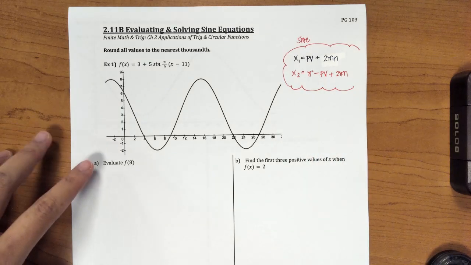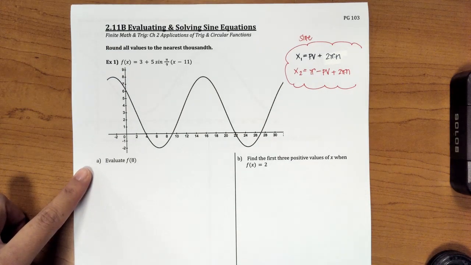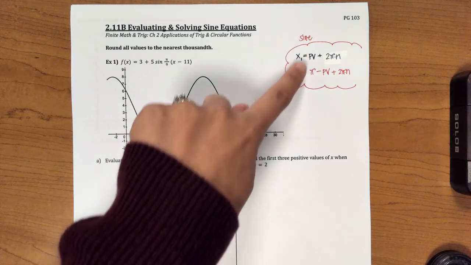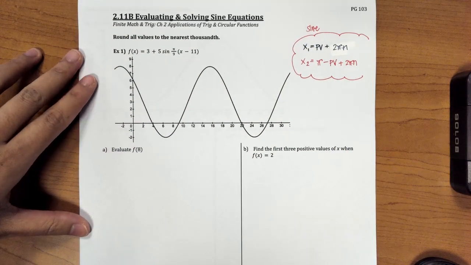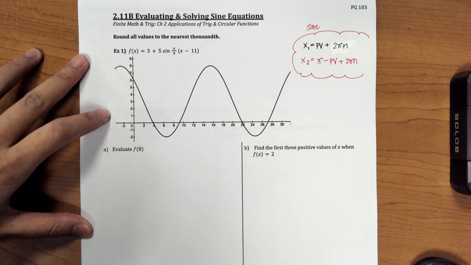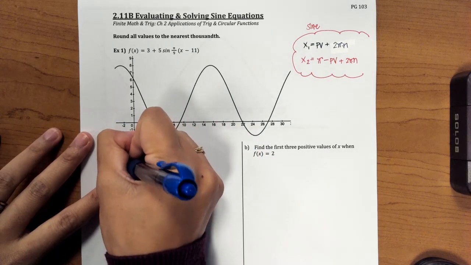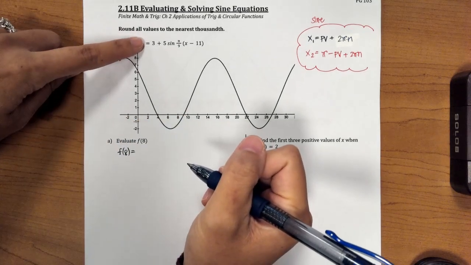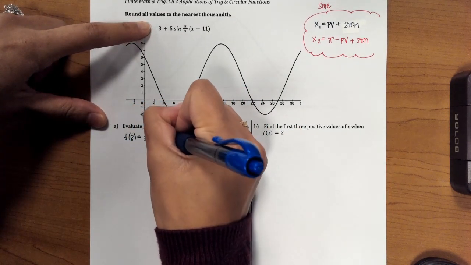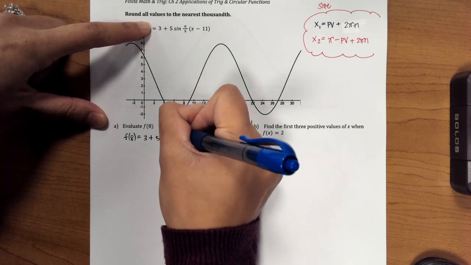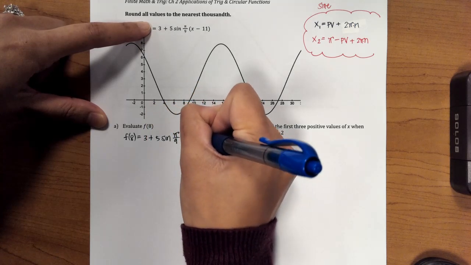So we're going to do the same thing, evaluate and solve. The only difference is that now we have this different equation that we're going to use for our general equation. So let's evaluate. This is x equals 8. So f of 8 equals, here's my equation, 3 plus 5 sine of pi over 9 times 8 minus 11.